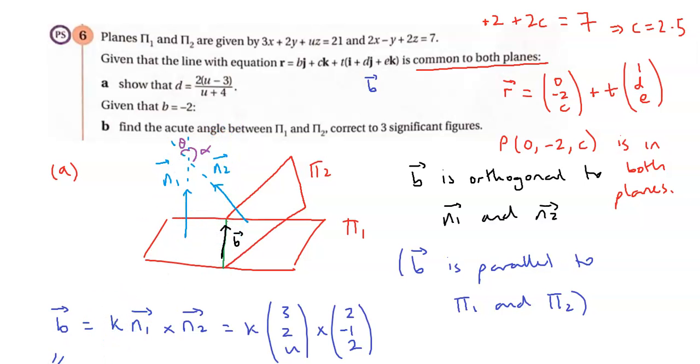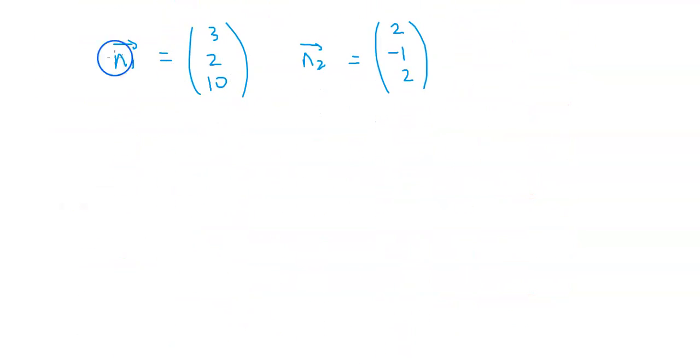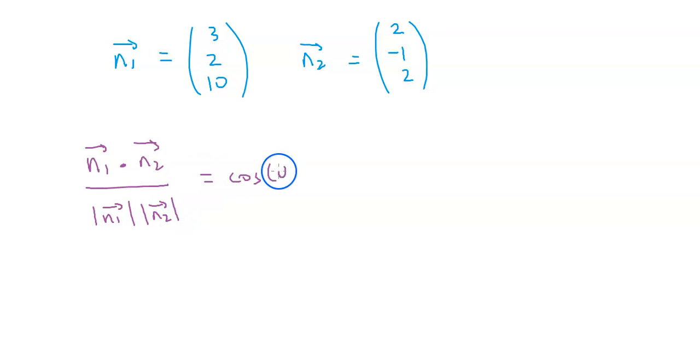So n1 dotted with n2 divided by the length of n1 times the length of n2 is equal to cosine of theta. n1 dot n2 is 3 times 2 is 6, minus 2 is 4, so 24, divided by the length of n1, the square root of 9 plus 4 is 13, plus 100, so 113, times the square root of 9.